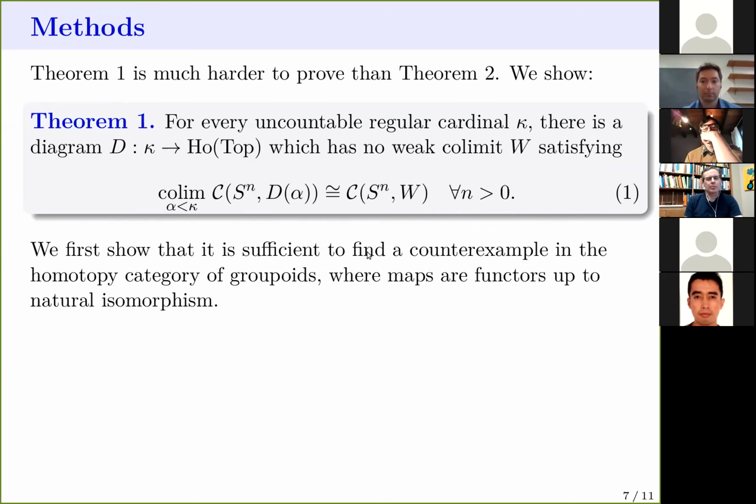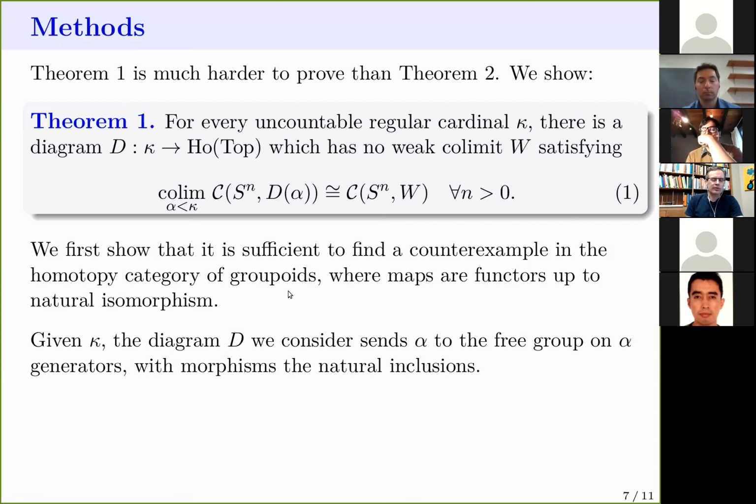The first step is to show that if this condition fails in the homotopy category of groupoids, the category where the objects are groupoids and the maps are functors up to natural isomorphism, then it will fail in the category of spaces. So it's sufficient to work with groupoids.